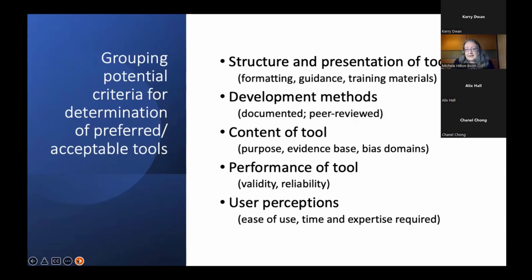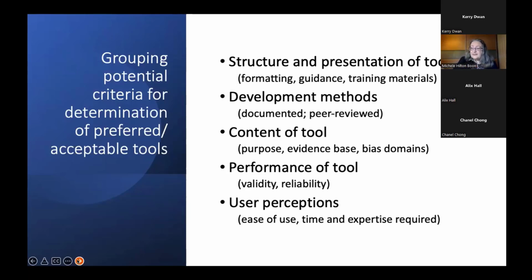So from systematic reviews of tools, of which there were several, I extracted all of the criteria that had been used by different researchers over the past 18 years to describe, compare, and evaluate tools for risk of bias in non-randomized studies.